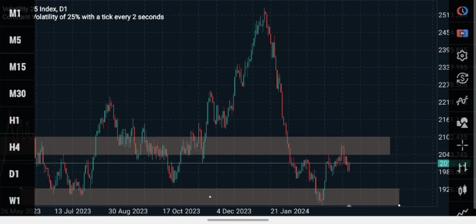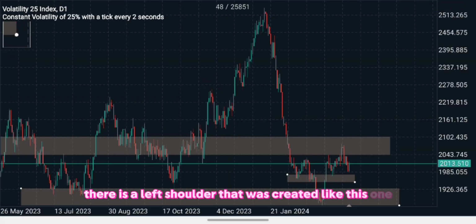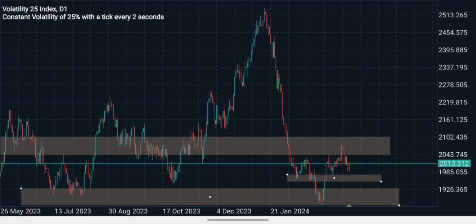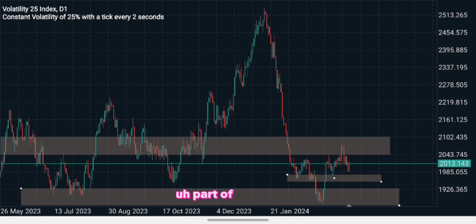There is a left shoulder that was created like this one, as you can see, but it has already been retested by the right shoulder at this point, so it is no longer that accurate. However, it is an important part of the market, because you can also use it in your trading.